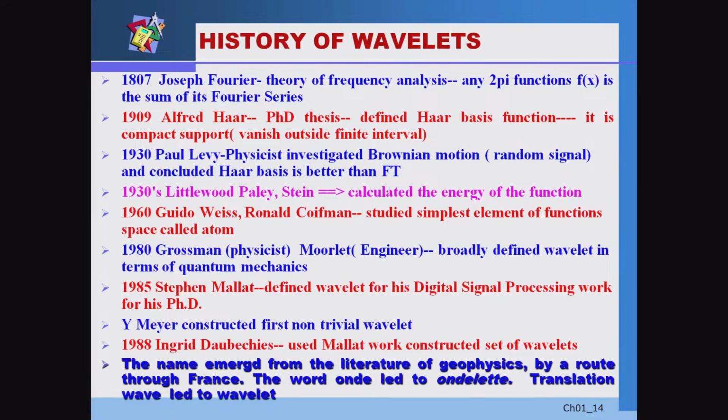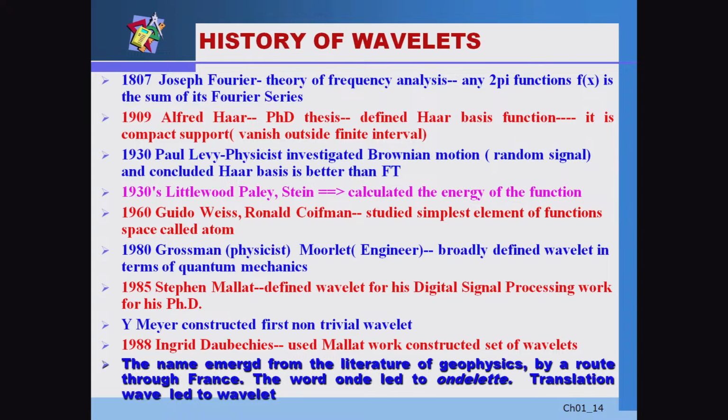In 1930, physicists investigated Brownian motion for random signals and concluded the Haar basis is better than the Fourier transform. In 1930, Littlewood calculated the energy of the function. In 1960, Ronald and Koopman studied the simplest element of functions called an atom.